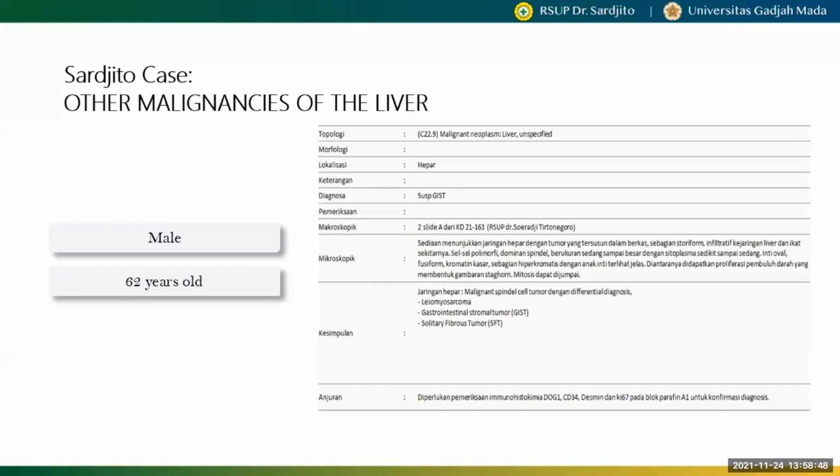Usually the second referral hospitals do not have the methods to diagnose, so they bring the specimens to our hospital and we can do the diagnosis, like immunohistochemistry or maybe molecular pathology.